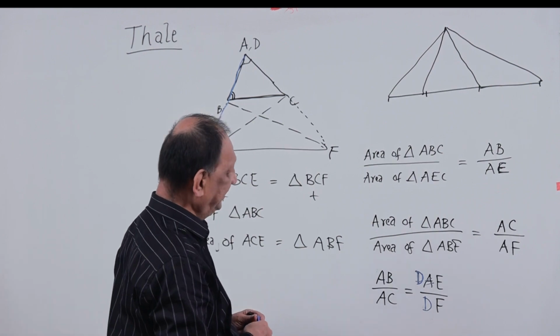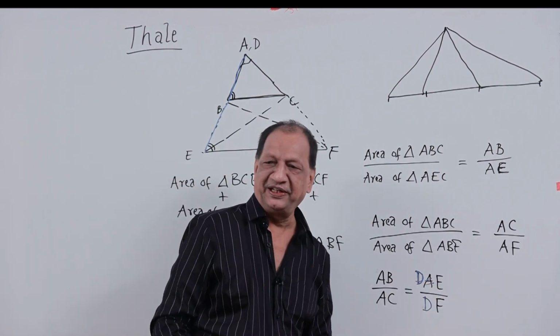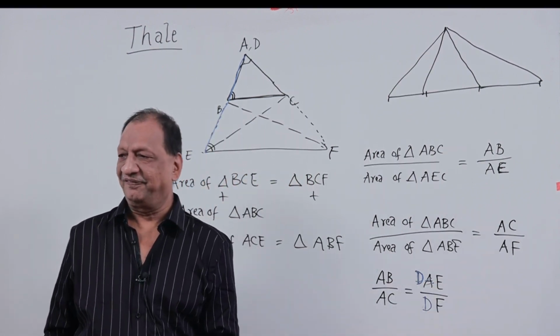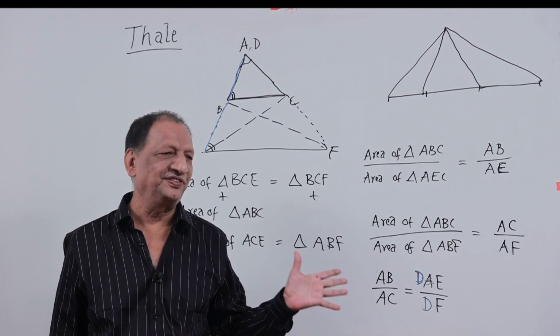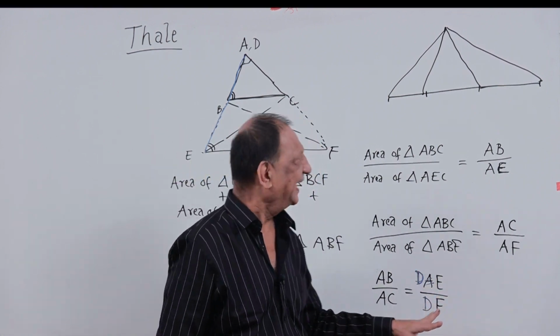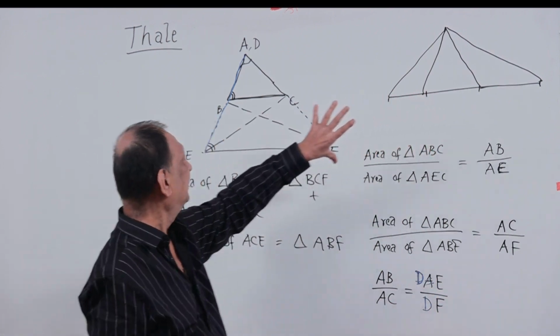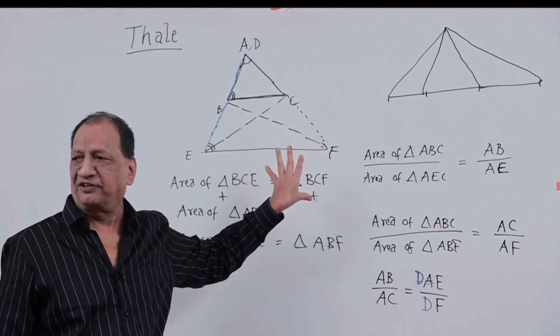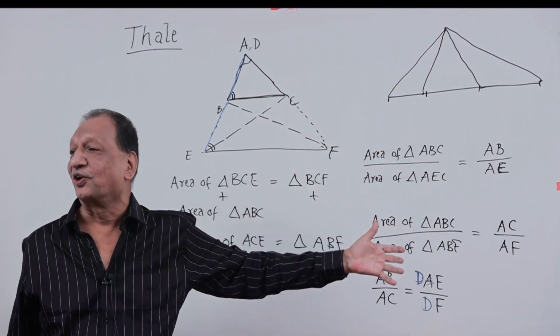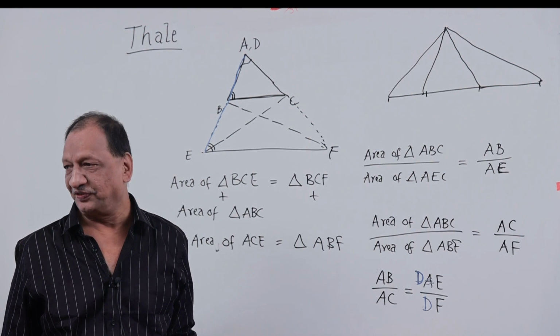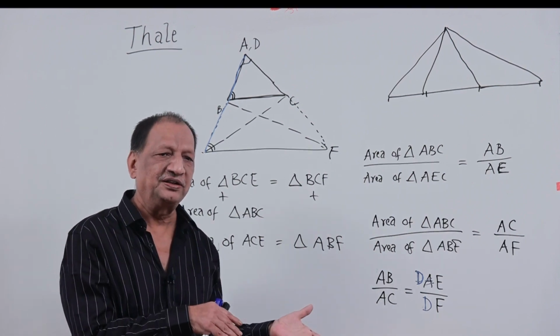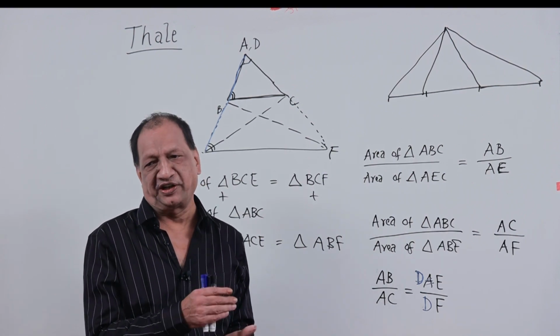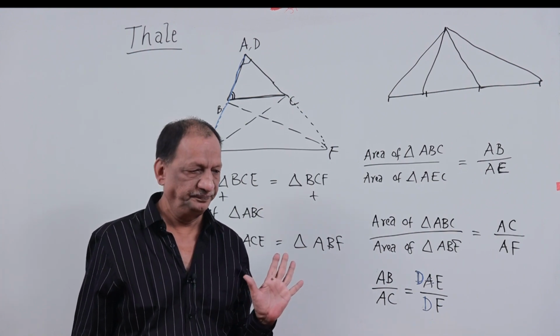So AB by AC must be equal to DE by DF, which means the corresponding sides are in the same ratios. And we can move the triangle to a different vertex, and you can prove the other ratio is also the same. The three corresponding side ratios are equal for both triangles. Is that clear?